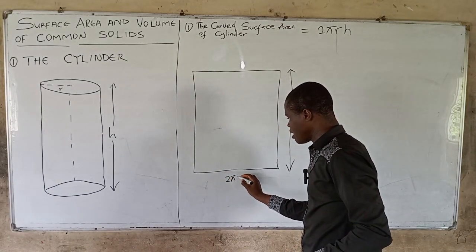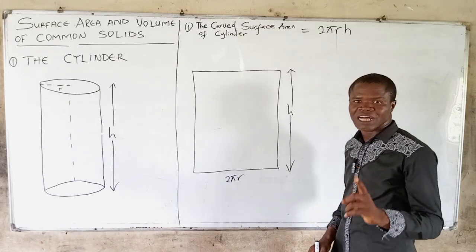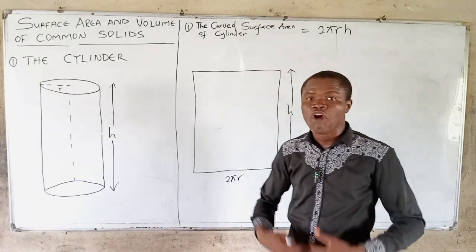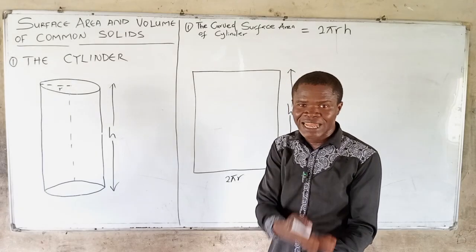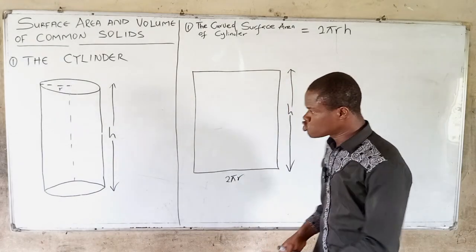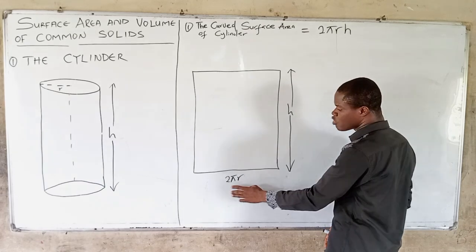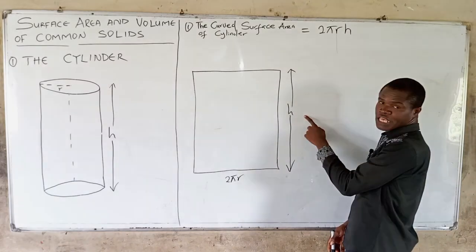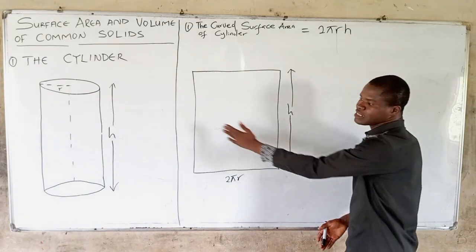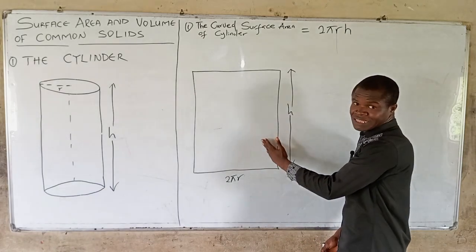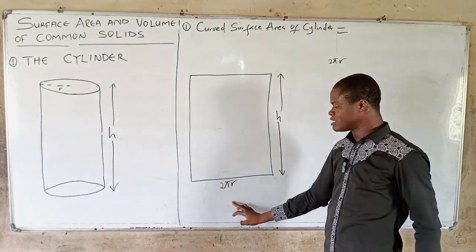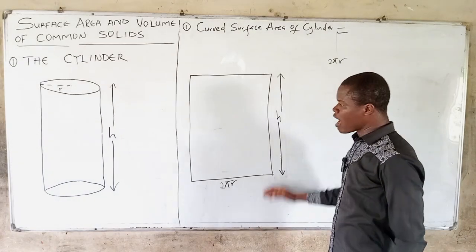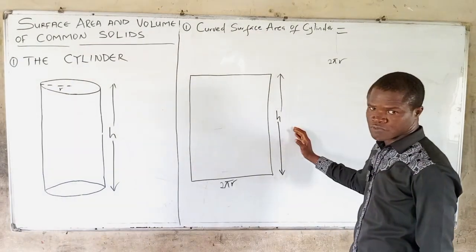And remember, the formula for the area of a rectangle is length times breadth. So what is the length of this rectangle? 2πr. And what is the height of this rectangle? h. Treating the cylinder like a rectangle now, our length is 2πr and our breadth is h.